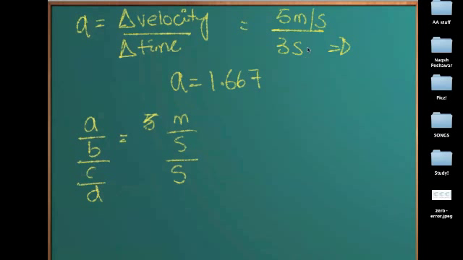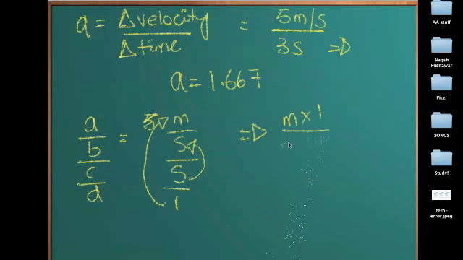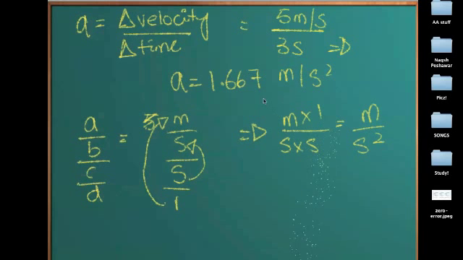It's not getting divided by anything, so we'll just consider it to be 1. So we know by this rule this thing moves here and this thing moves here. We are figuring out the unit. So this becomes meters times 1 divided by seconds times seconds, which makes it meter per second square. So acceleration is always meter per second square.